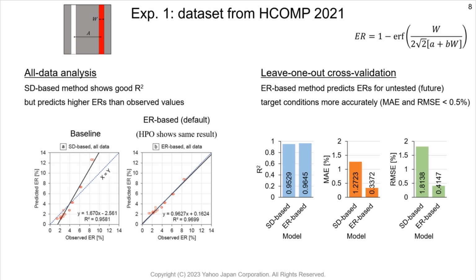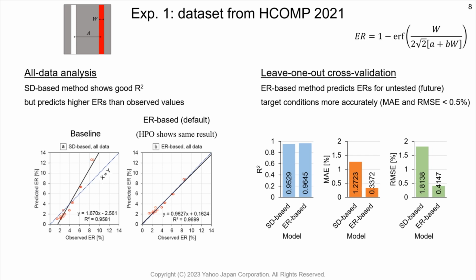We explain the results of 3 datasets in this presentation. The first experiment is the simplest task of 1D target pointing. When we use all fitting points, the SD-based method shows a good R-squared, but predicts higher error rates than the observed values. In comparison, the ER-based method doesn't have this problem.